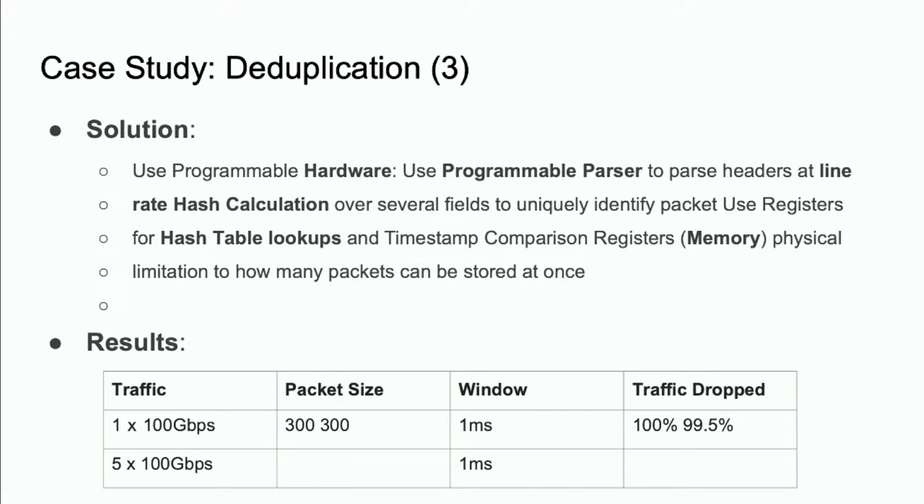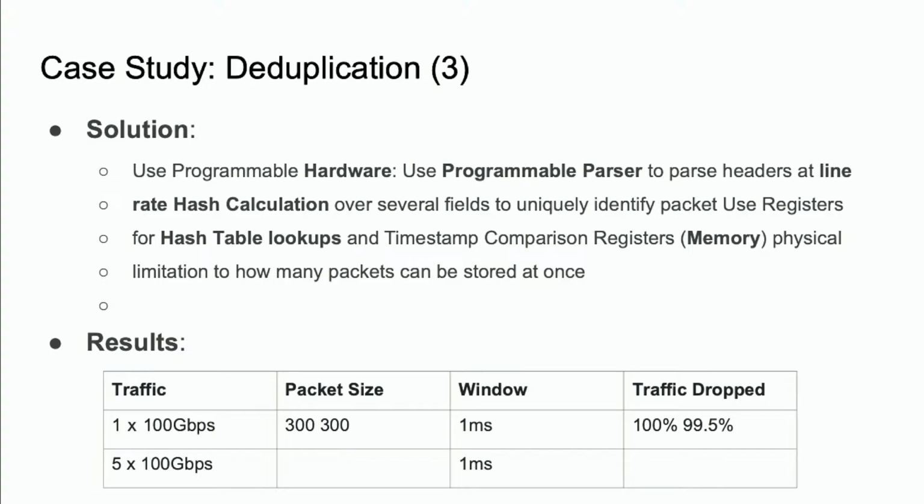The SRAM is basically the limitation to how many signatures we can store at any given moment in time. And then for a given window, we allow a certain amount of packets that we can match to those signatures. Some of the results: we had 100 gigabits per second of traffic, let's say a packet size of 300 bytes.